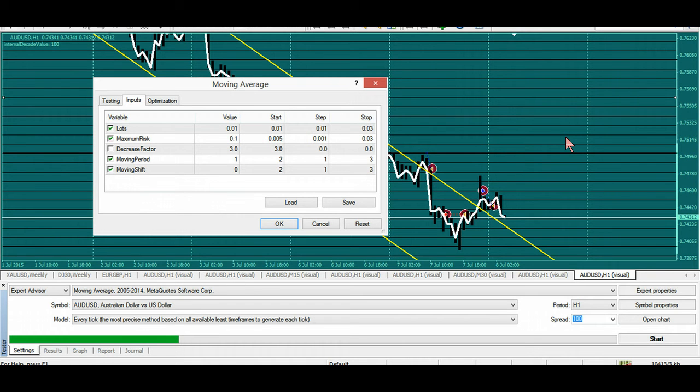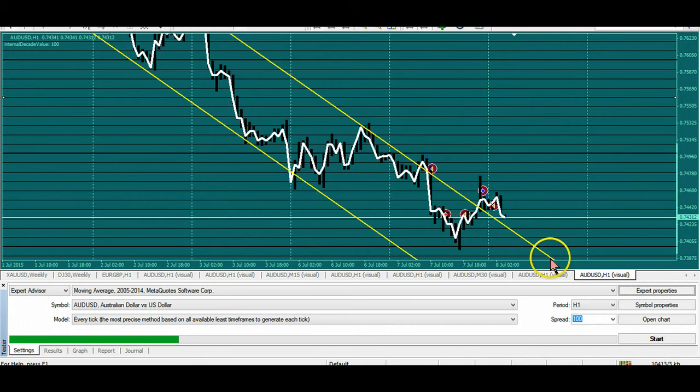Now, you can just get tablets for $70 and run your robot on that. Or there's a free mouse bot that will remember all of your clicks, and it can actually pick up the colors. Say you had an indicator turn red, you can click here and it'll sample that area of the screen, and when that area changes, it's going to look at it every 10 seconds or whatever, or every second.